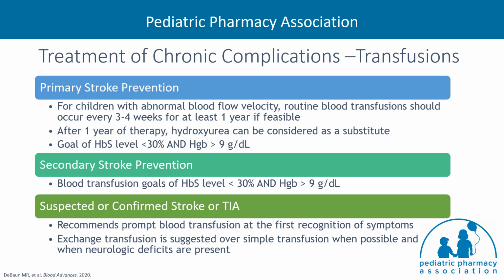So if the patients have abnormal blood flow velocity, routine blood transfusion should occur every 3 to 4 weeks for at least 1 year if feasible. After 1 year of therapy, hydroxyurea can be considered as a substitute for these patients. And with these transfusions, our ultimate goal is going to be a hemoglobin S level less than 30% and a hemoglobin level greater than 9.